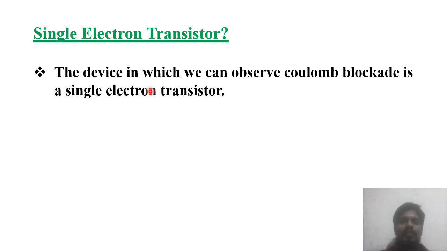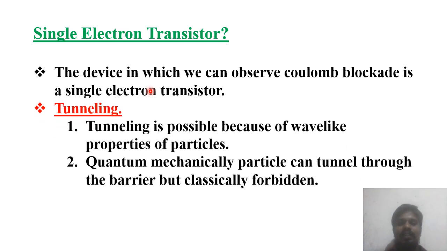Before that, we want to understand what tunneling is, because classically the electron cannot tunnel, but quantum mechanically, if you think of the electron having dual nature, the particle nature as well as the wave nature, according to de Broglie, because of the wave nature, the particle can tunnel through the given barrier up to some finite probability.